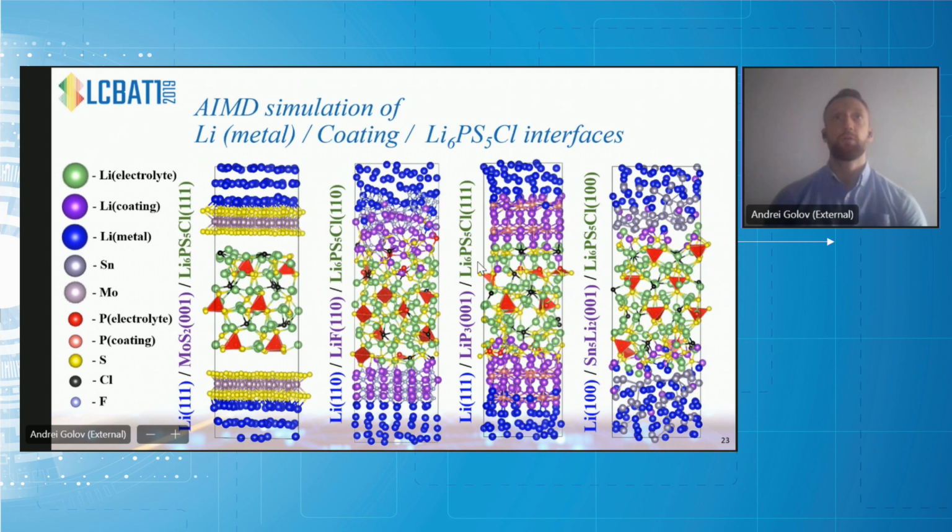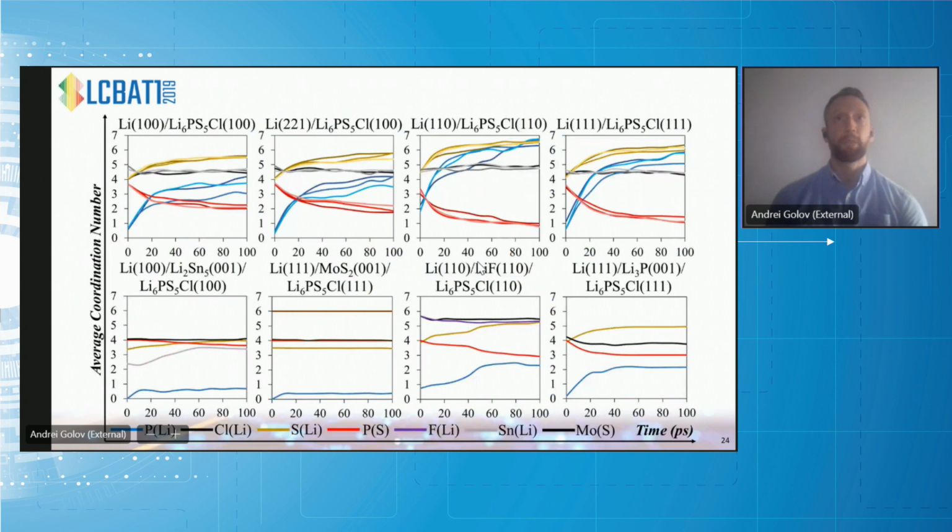However, after some time of MD simulation, we observe some electrolyte degradation for all models except for molybdenum sulfide. Nevertheless, the changes in the local atomic environment are much less than the changes for the models without coating.